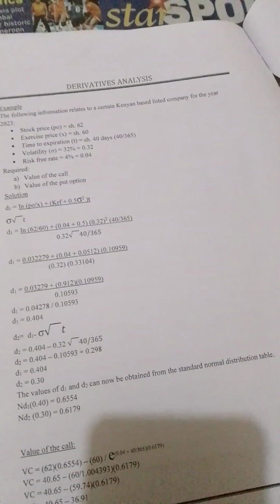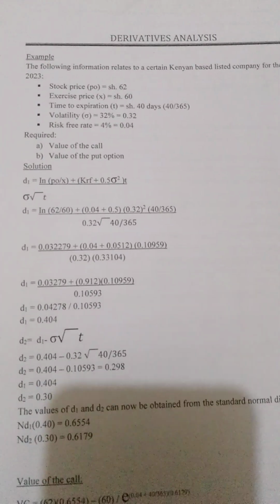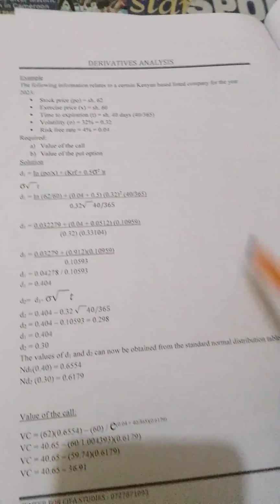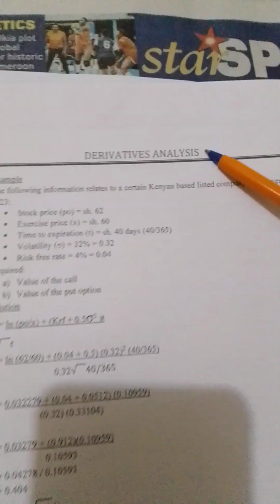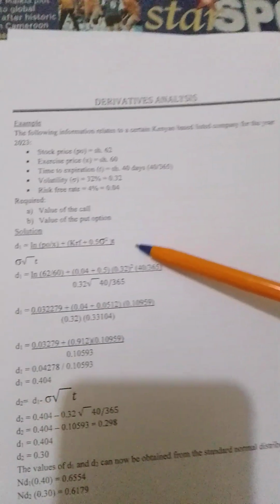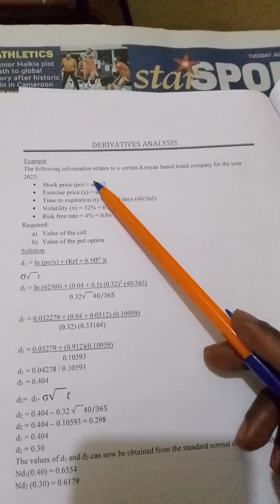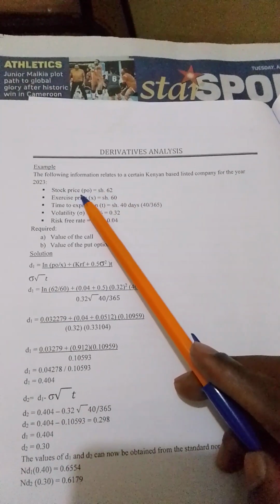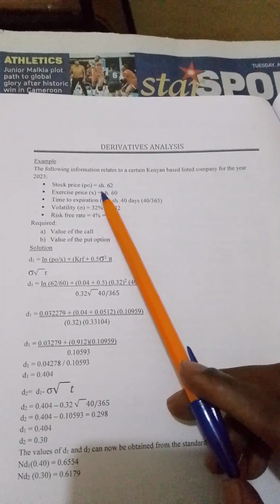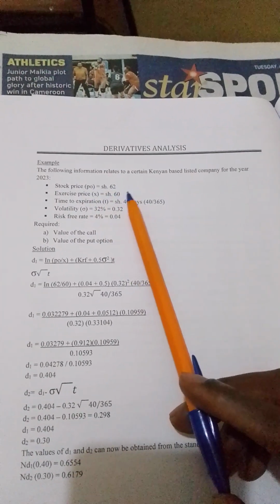I'm not doing it for you, but I just want you to go and try to see what you have done there. You are told the following information relates to a certain Kenyan-based listed company for the year 2023. Stock price, shilling 62. Exercise price, shilling 60.